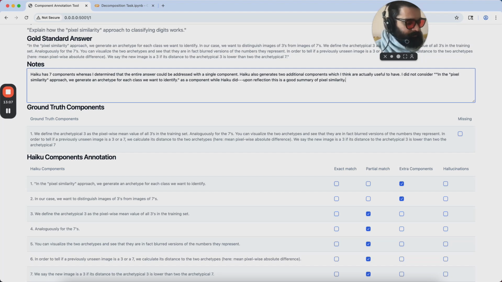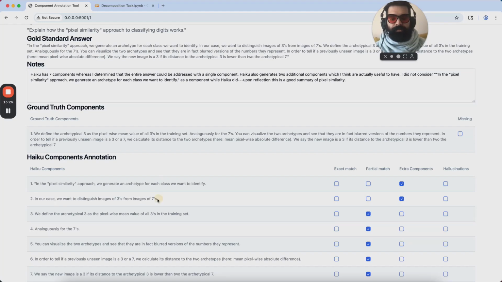So yeah, I think that there's something about that that might actually have implications about how I'm structuring this dataset item, and it might actually change how I think of it. And then in our case, we want to distinguish images. So this one I think is less important.